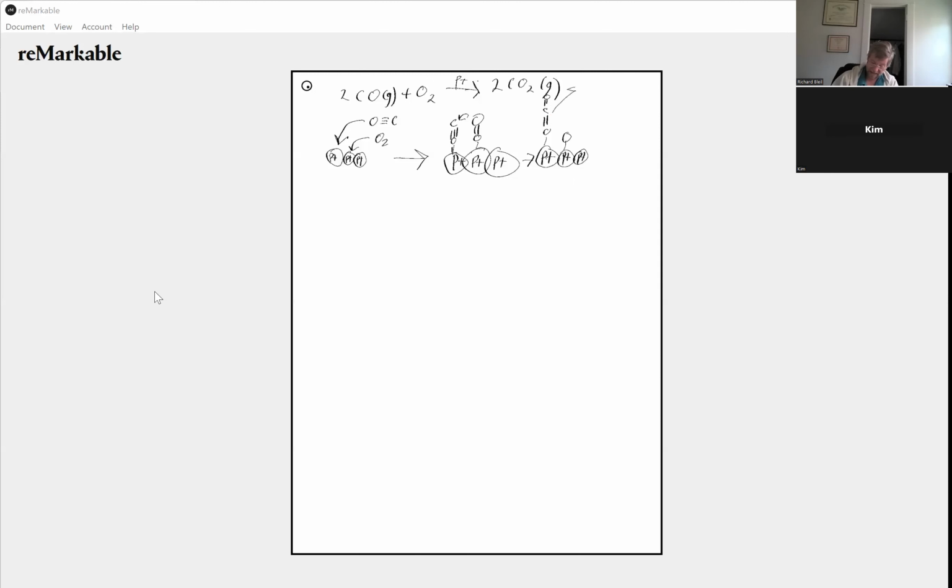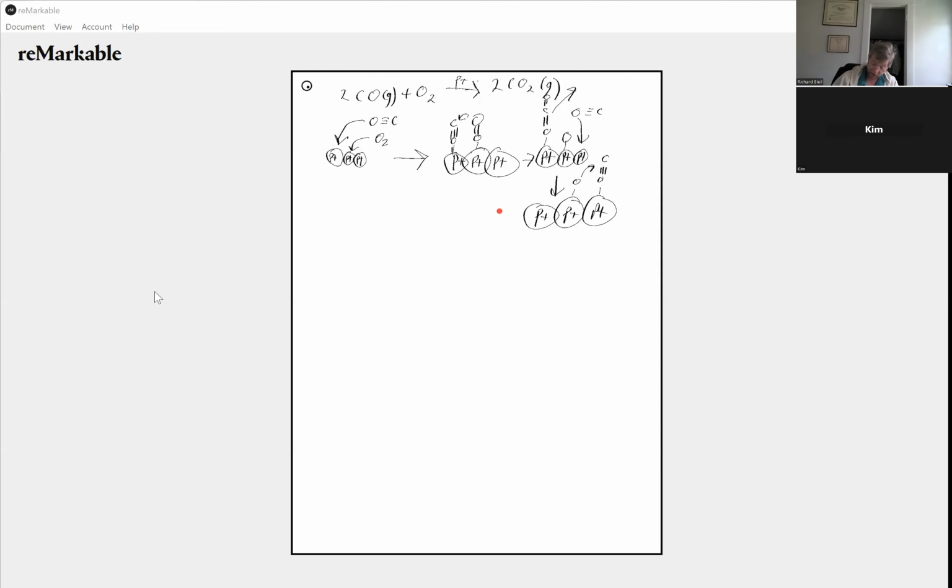Well, that carbon dioxide is going to let go of the platinum. And another carbon monoxide is going to come along and attach here. You still have this oxygen. The carbon dioxide is gone, but now we have a new carbon monoxide.